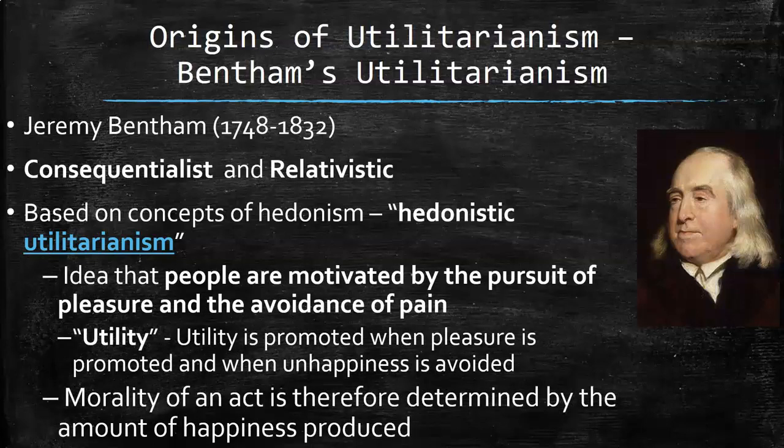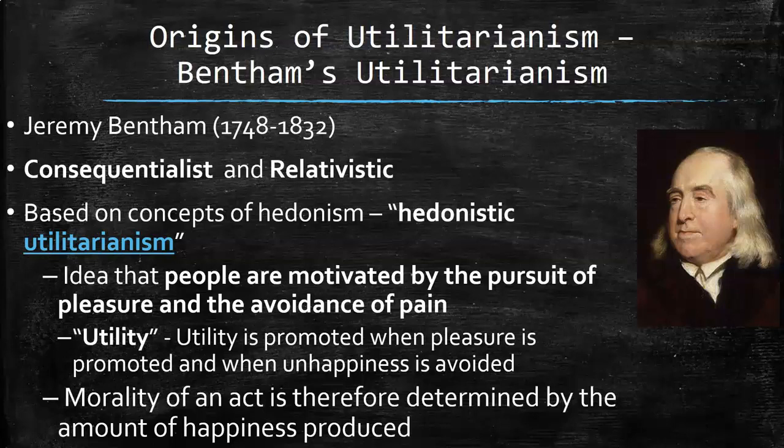His view was that people are motivated by the pursuit of pleasure and the avoidance of pain, right? And this seems pretty straightforward. The vast majority do not find pleasure in pain. Most of us are trying to avoid pain. And pain here can be not just physical pain, but pain can be measured in different ways.